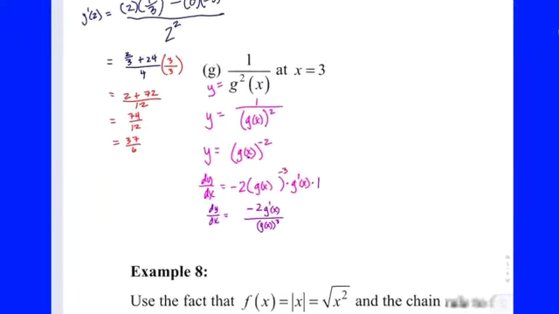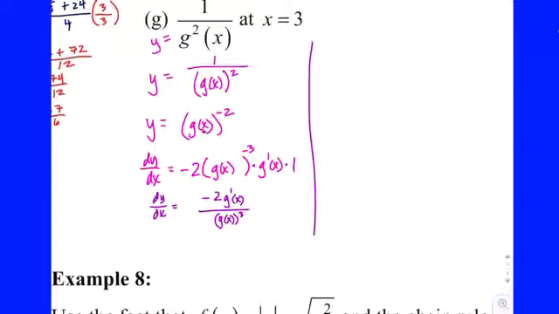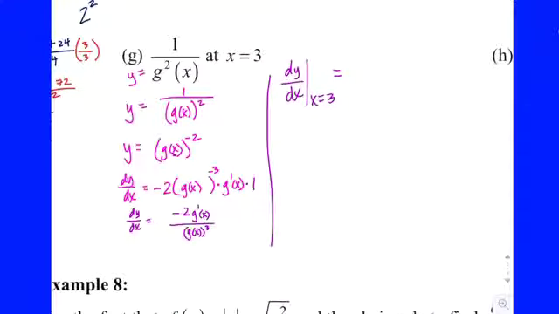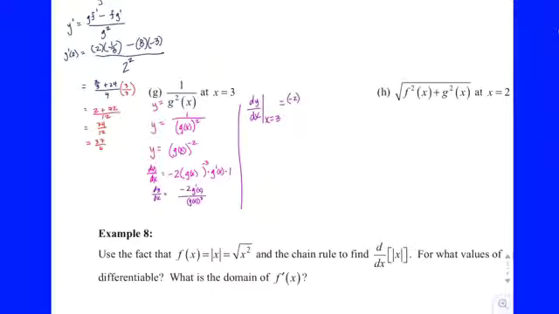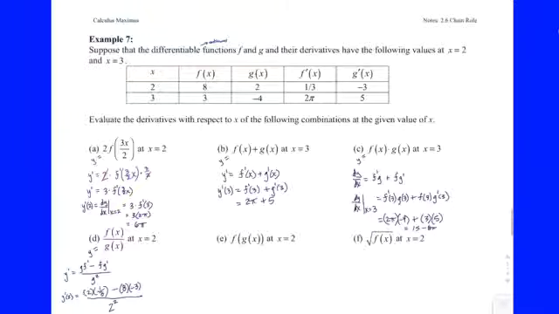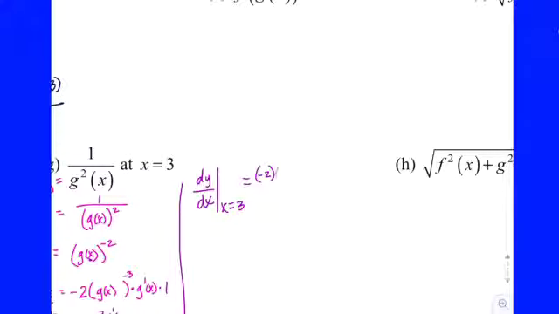Now let's plug in our 3. So next column for me, dy dx, evaluated at x equals 3. And let's see if we could do this one by plugging in straight from the table. The negative 2 is a negative 2. But now I need g prime of 3. G prime of 3 is 5.